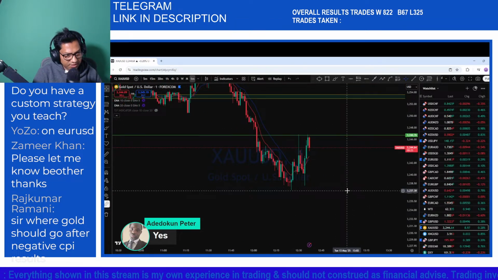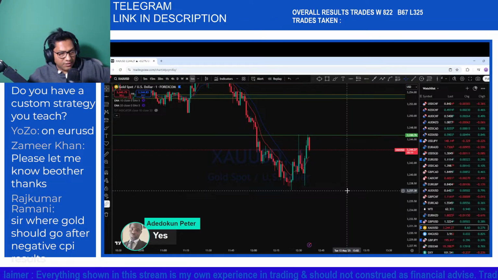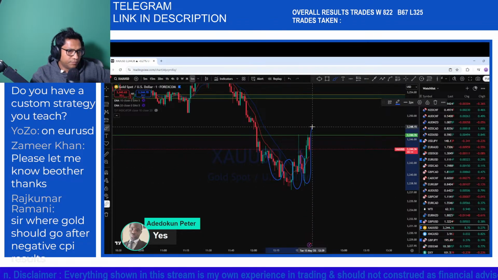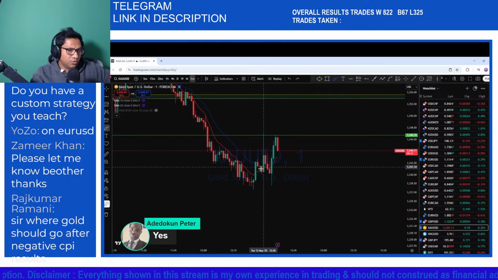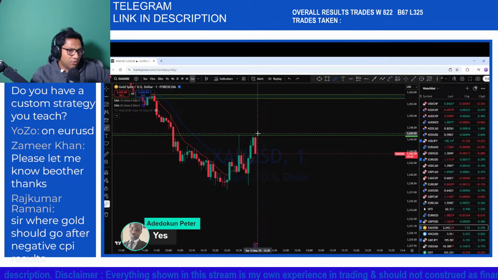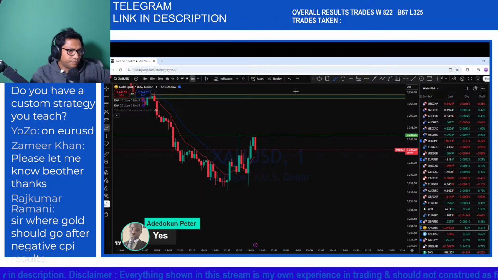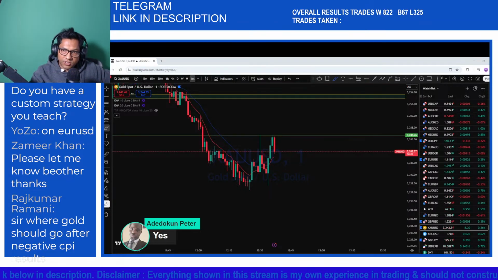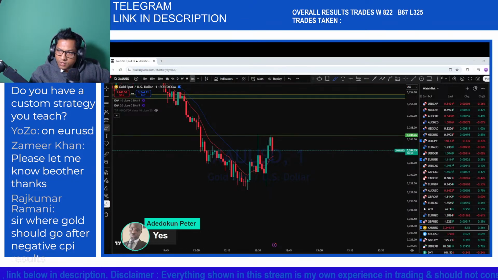So what you can see in this area, it's formed an inverted head and shoulders, and with this inverted head and shoulders, it's now breaking below. Directionally it's still not clear until we see a full clear directional bias. We'll be waiting.